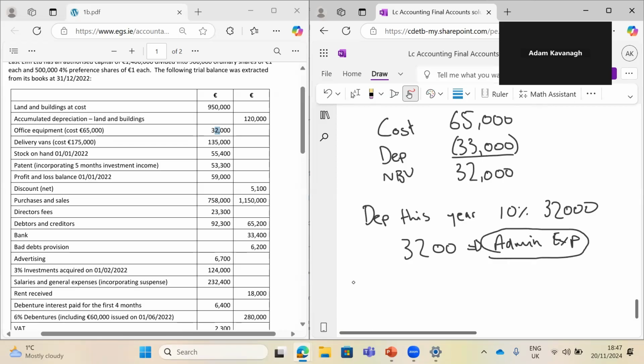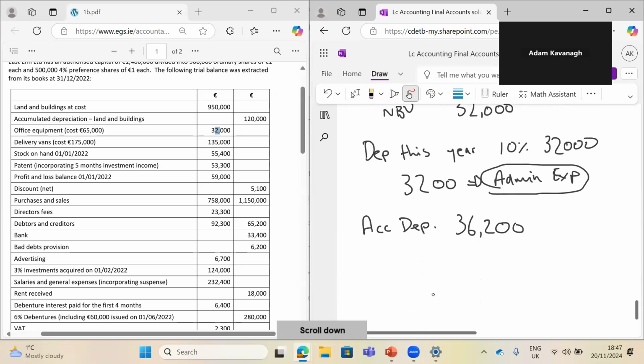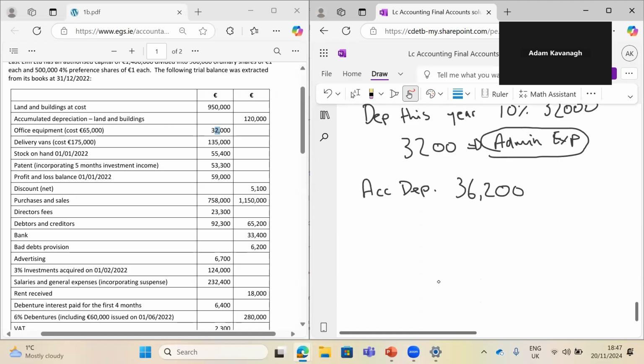Okay, so now our accumulated depreciation is 3,200 plus 33,000, which is 36,200, giving you a net book value of 65,000 minus 36,200.